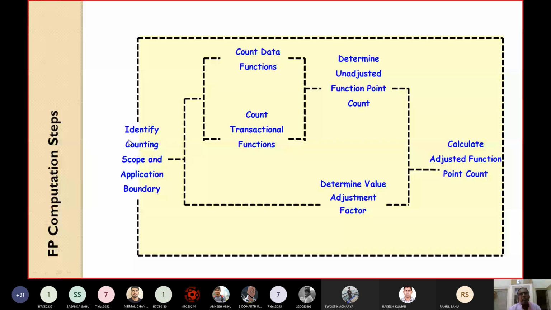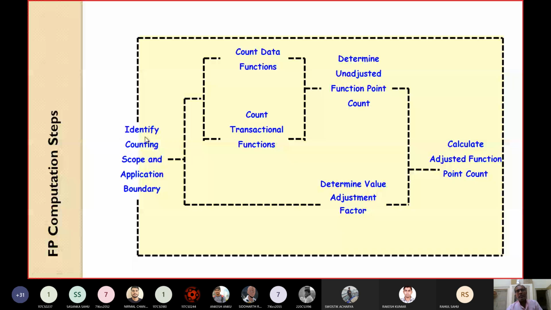Then count the data functions, then count the transactional functions. From this, you can find out the unadjusted function points, because function points need some adjustment according to cost drivers. So then determine the unadjusted function points.